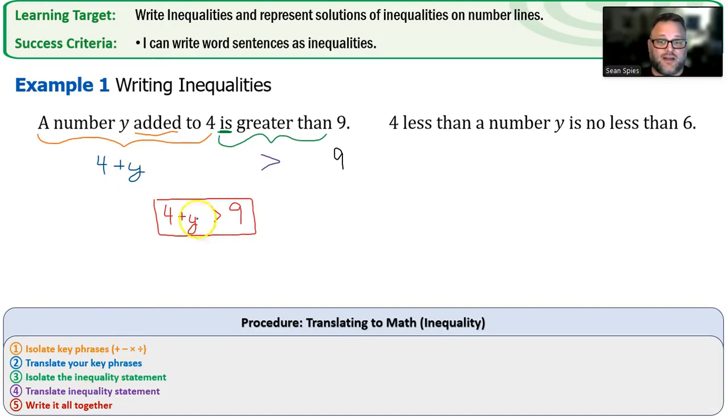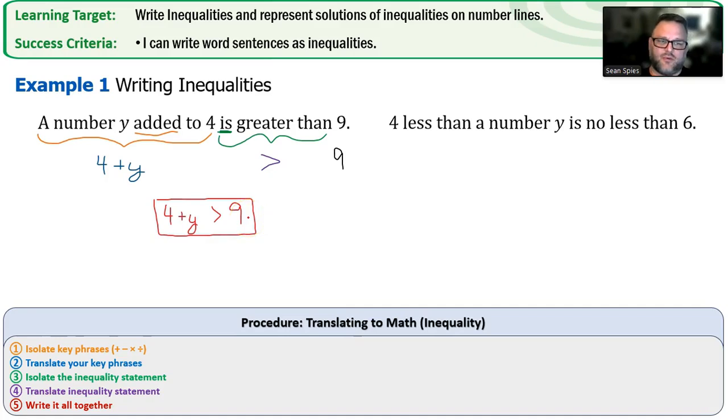Then we translated our key phrase, the 4 plus y. We then isolated the inequality statement, is greater than, translated that inequality statement to the greater than symbol, and then we wrote it all together by saying 4 plus y is greater than 9.